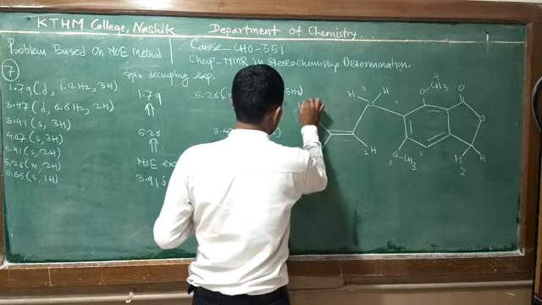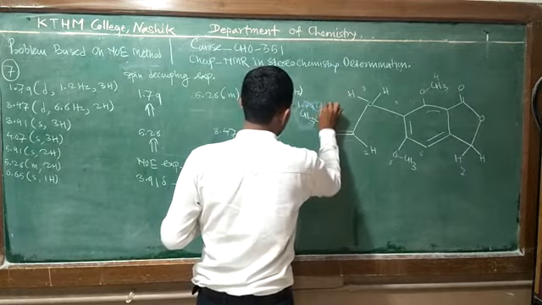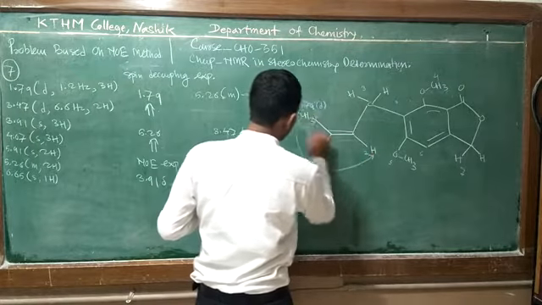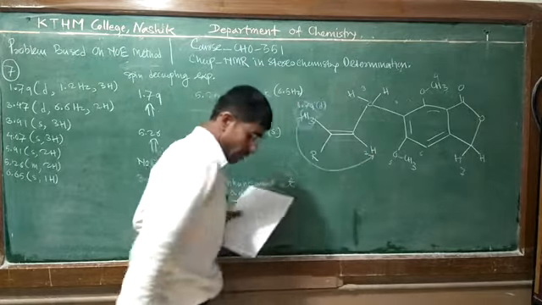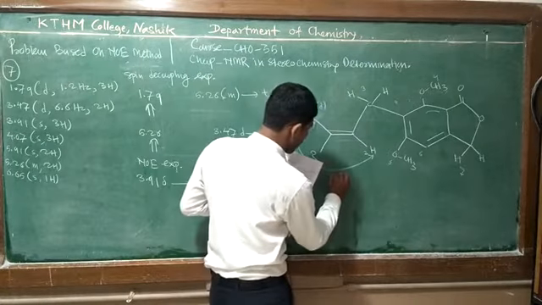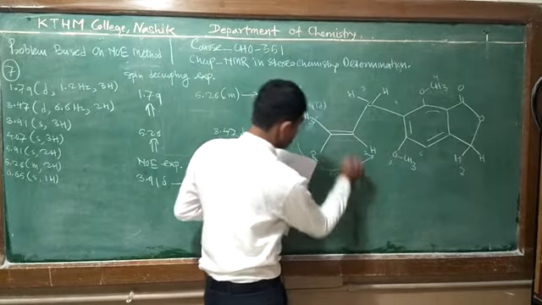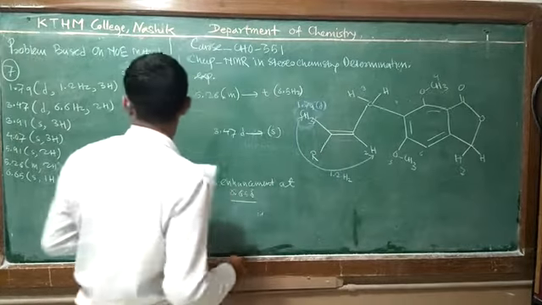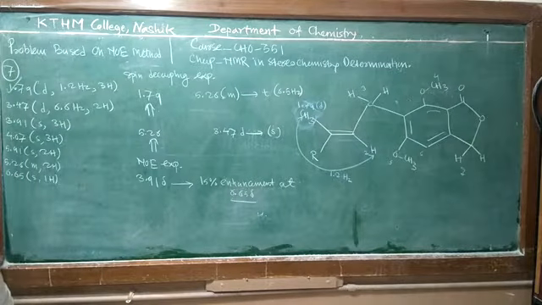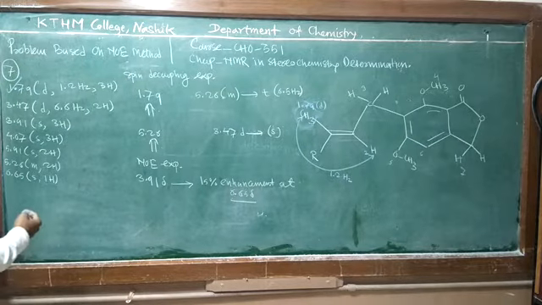The doublet means it is coupled with this proton, that is, allylic coupling. Allylic coupling on the opposite side is small here; the value given is 1.2 hertz only. In this way we can assign the 1.79 doublet.